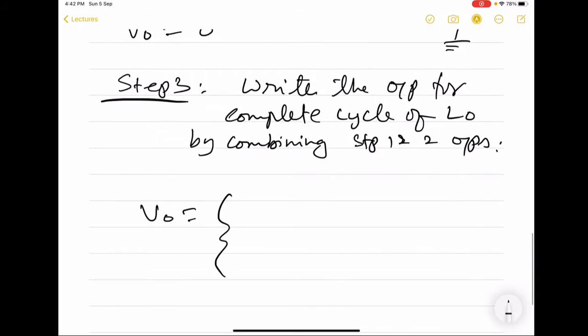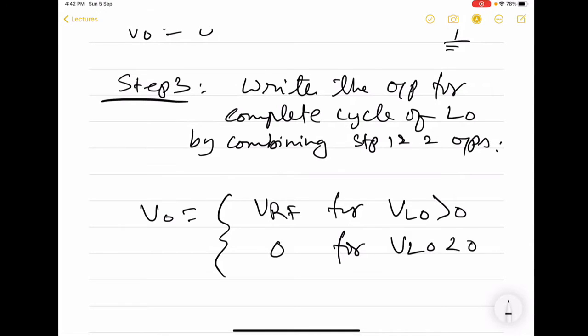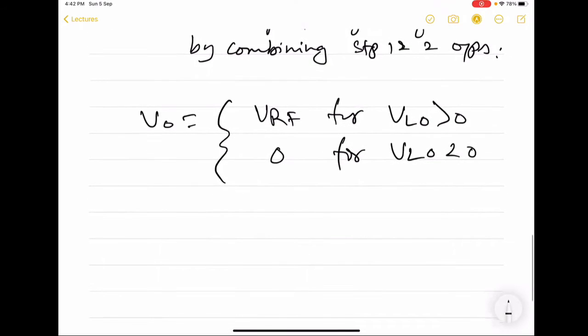We saw that the output was RF for LO greater than 0, and it was 0 for LO less than 0, that means the second half.